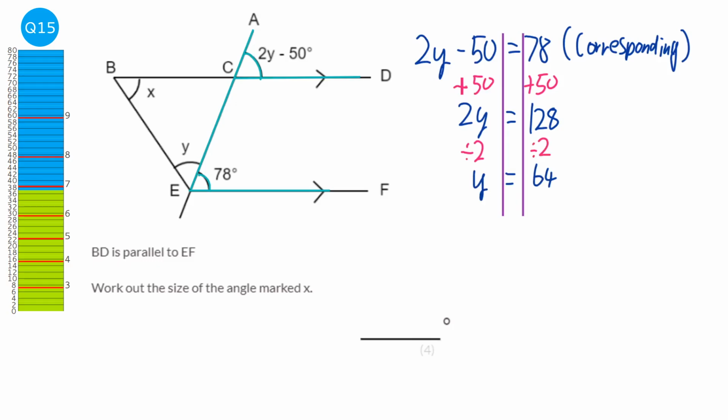And so we look back at the diagram to find out how we'd work out x. Well, there's a few different things we can do. We could work out the fact that these two here are vertically opposite. That would be absolutely fine. But actually, if we look at this part here and this part here, these are also 2 parallel lines, and this angle here and this angle are going to be alternate.